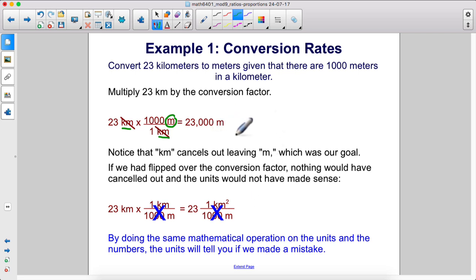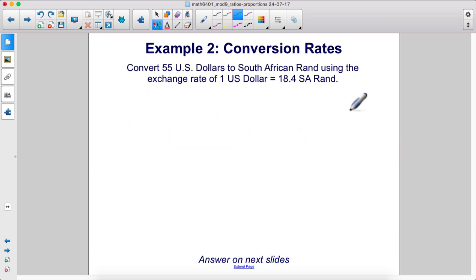By doing the same mathematical operation on the units and the numbers, the units will tell you if you've made a mistake. So here, what are you going to do? Multiply 23 by 1,000, 23,000, and then you have meters. Boom, done.